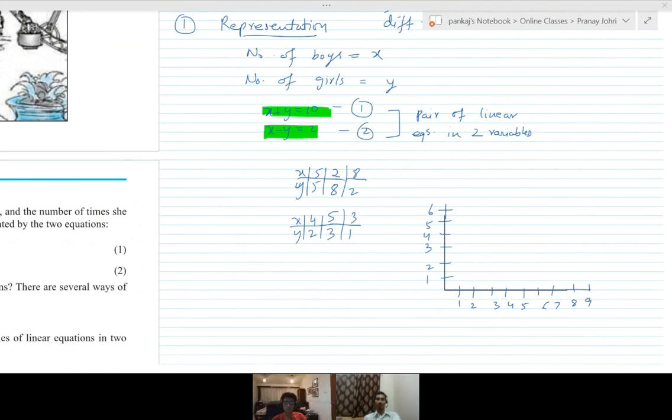So where would be these points? 5, 5. So 5 here and 5 here. What's next? 2, 8. So better draw this one as 8, 2. And you can join.